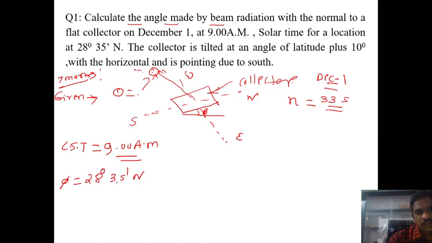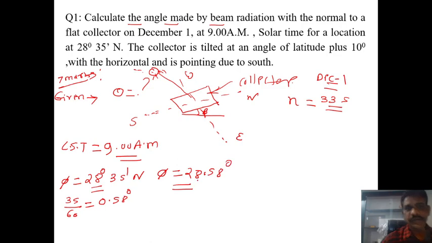So first of all you convert these 35 minutes into degrees. How to convert? 35 minutes divided by 60. So this becomes 0.58 degree. So adding it, phi is equal to 20.58 degree. This is the latitude angle.